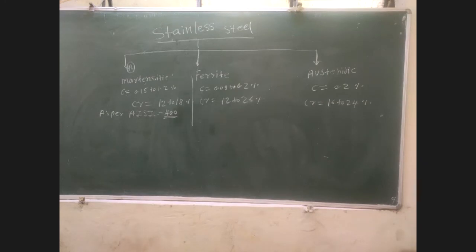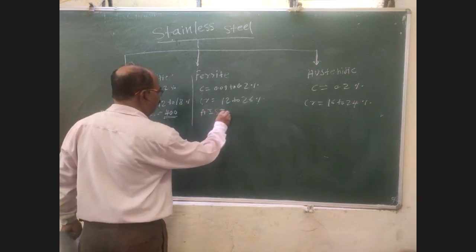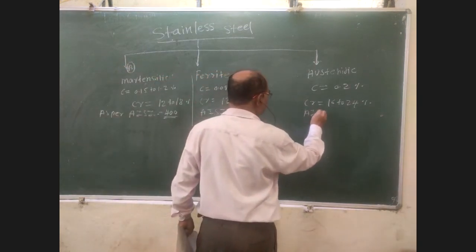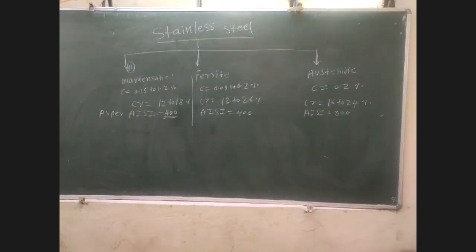And ferritic is also AISI 400 series. But austenitic, as per AISI, is 300 series. So you will see this type of steel in the Indian market also. AISI 400 means martensitic or ferritic stainless steel, and AISI 300 means austenitic stainless steel.